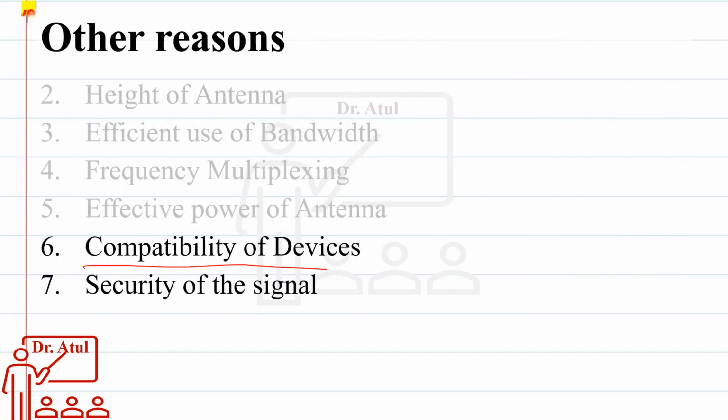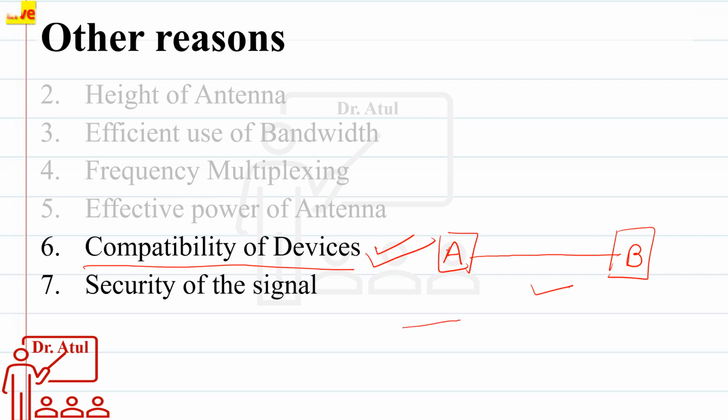Let us see the compatibility of the devices. Modulation makes devices compatible with each other. If we have device A and device B that are not compatible, and I connect them by wire, it will not work.